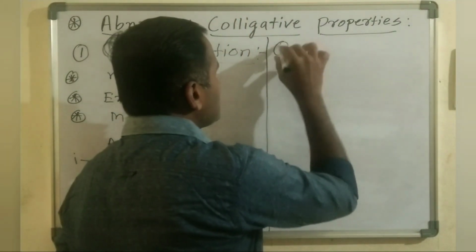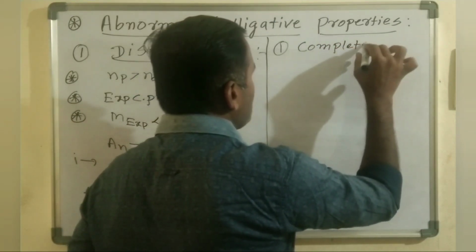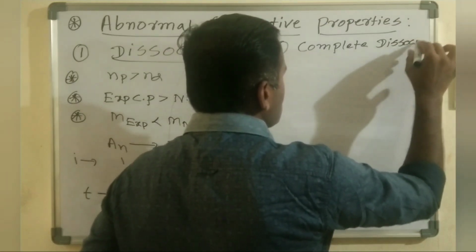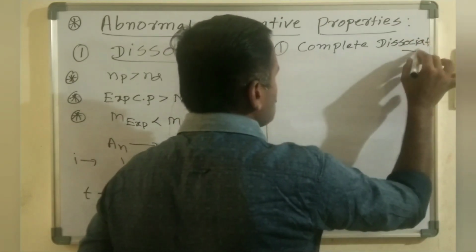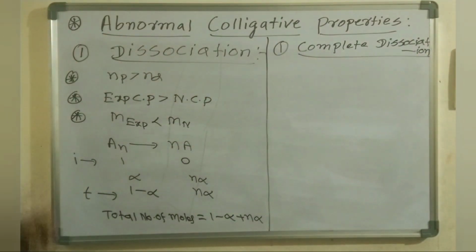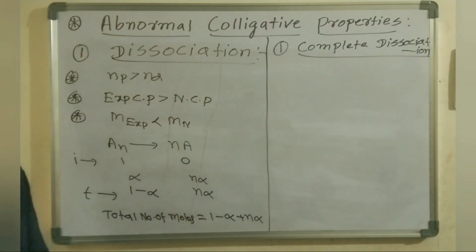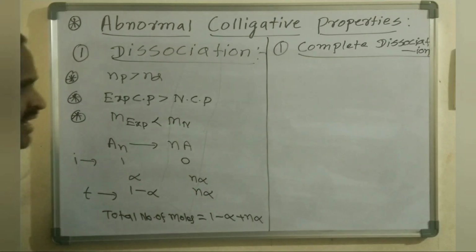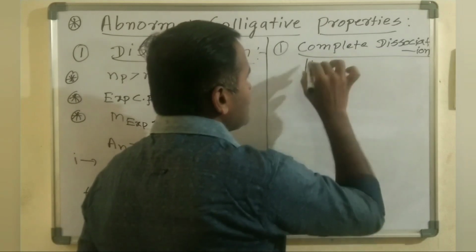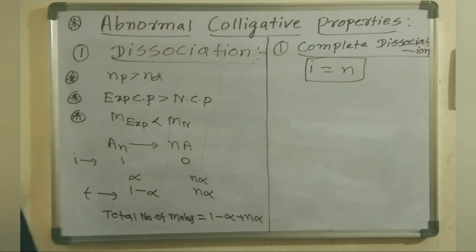So the first case is complete dissociation. If complete dissociation takes place, the solute is completely dissociated into its constituent ions, like cation and anion, and the Van't Hoff factor i is always equal to n. n is the number of moles of solute particles present in the solution.